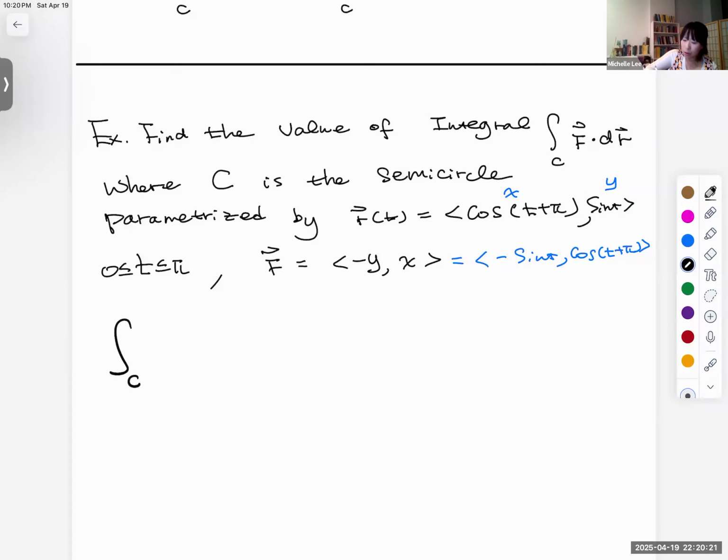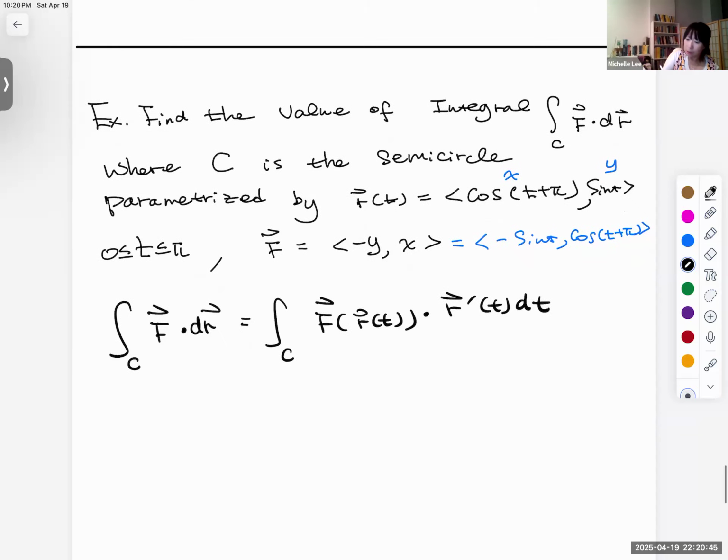The line integral of the vector field dot product with dr, so the line integral of F parameterized with r of t, dot product with r prime of t dt.